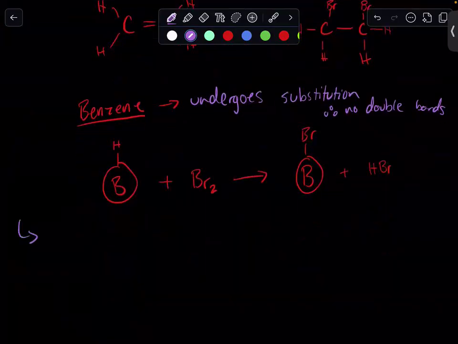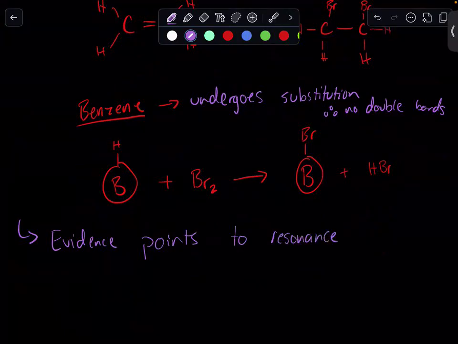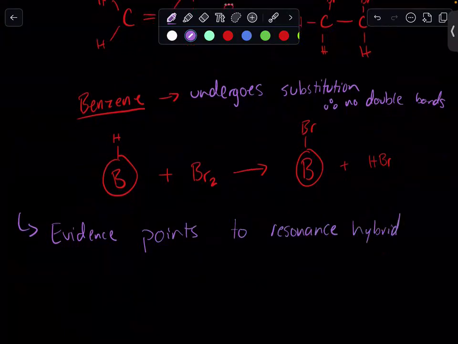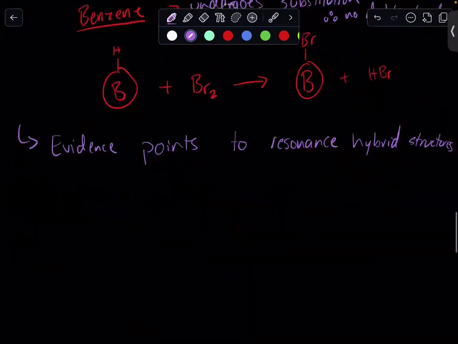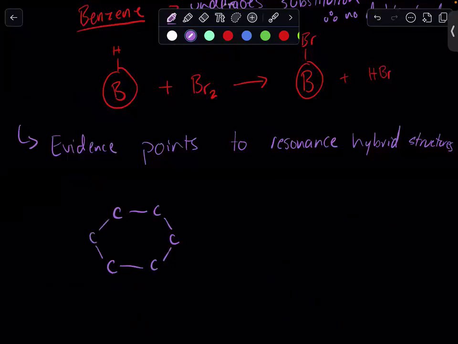No double bonds. We'll explain this in much further detail about 100 lessons later, but basically what this comes to is that the evidence points to resonance hybrid structures. So our actual diagram would look like this hexagon with our hydrogens coming out of it.